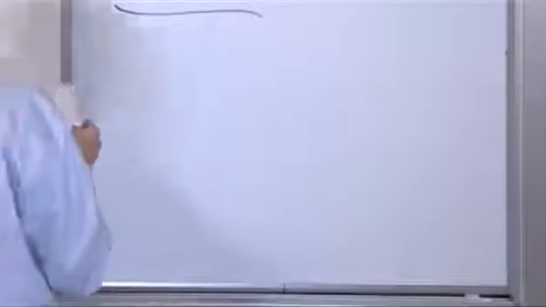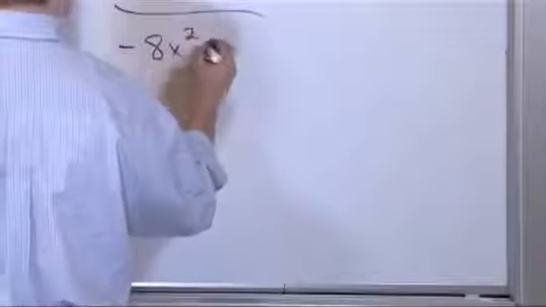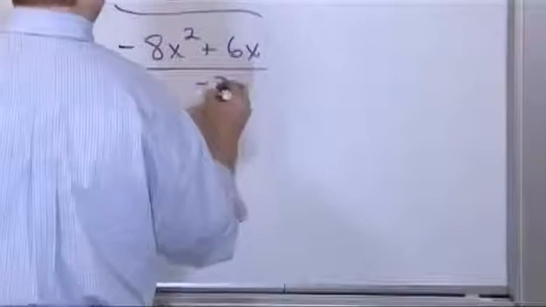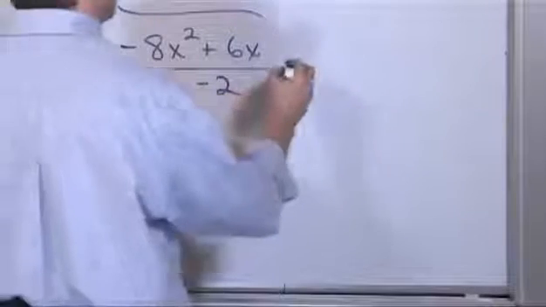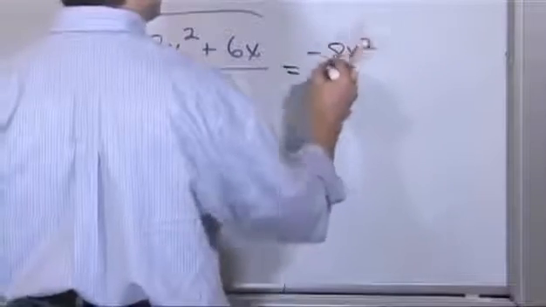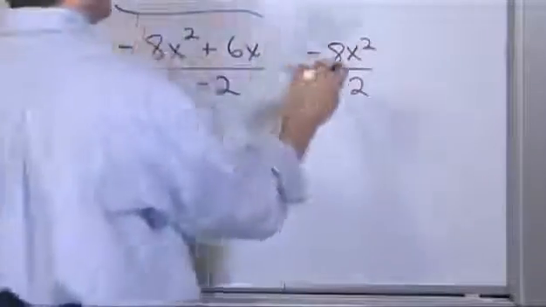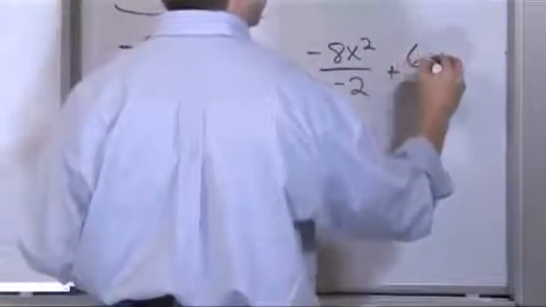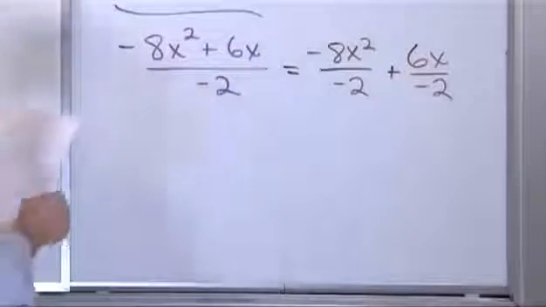Okay. Now what if we have negative 8x squared plus 6x over negative 2. So let's bust this fraction up. I'm going to have negative 8x squared over negative 2, plus 6x over negative 2. I'll keep the same denominator there.